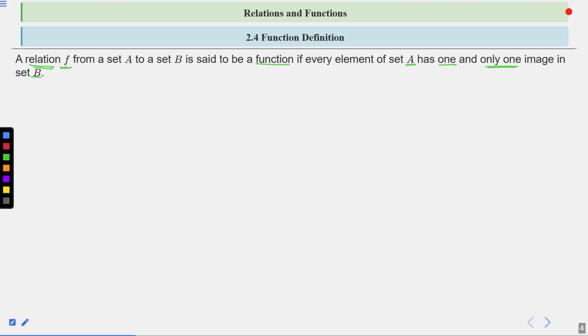Now, if you recall the relation, what is your relation? Anybody memorize the relation definition?